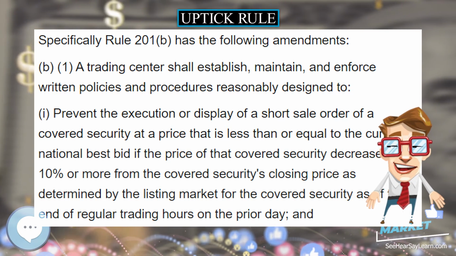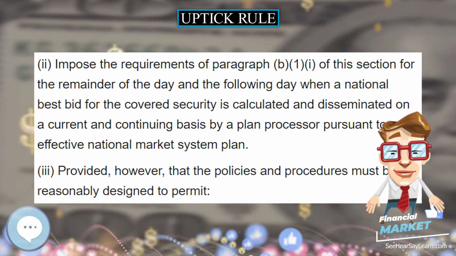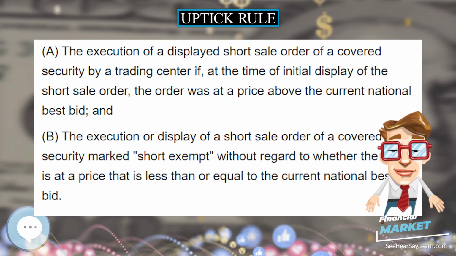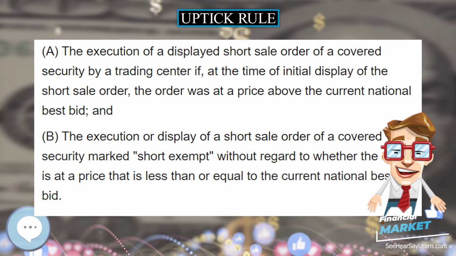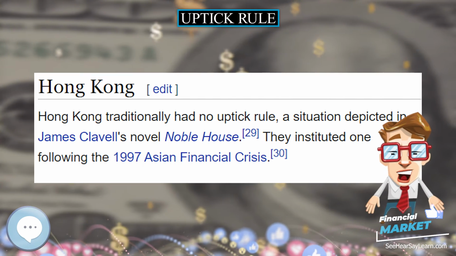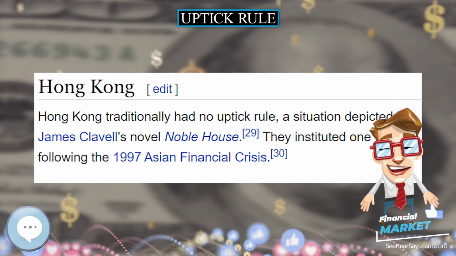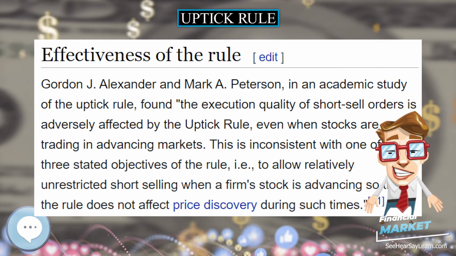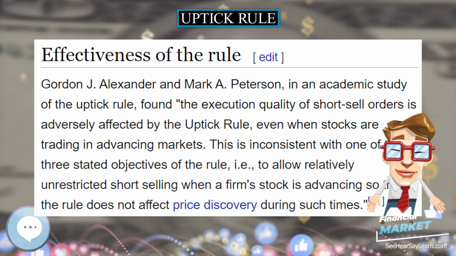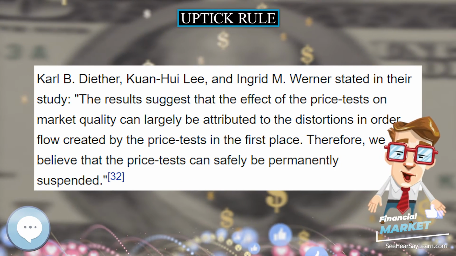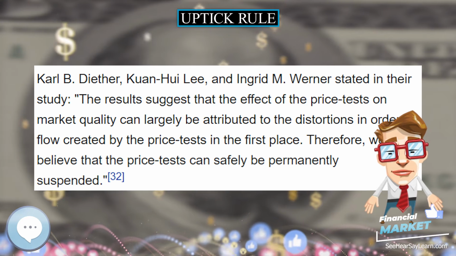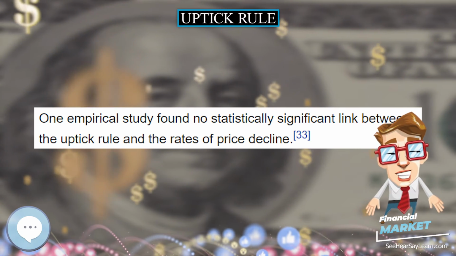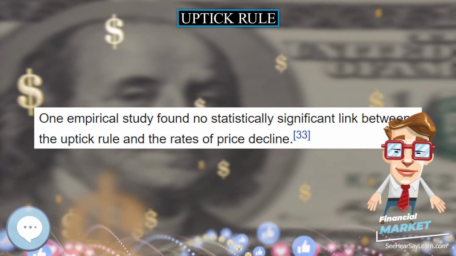B.1. A trading center shall establish, maintain, and enforce written policies and procedures reasonably designed to: I. Prevent the execution or display of a short sale order of a covered security at a price that is less than or equal to the current national best bid if the price of that covered security decreases by 10% or more from the covered security's closing price as determined by the listing market for the covered security as of the end of regular trading hours on the prior day, and 2.